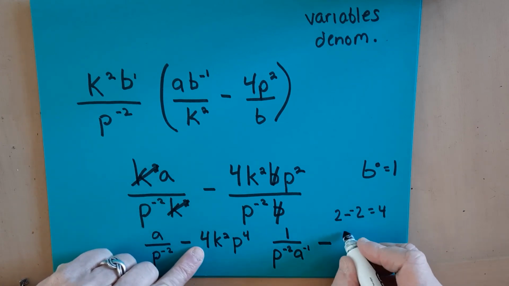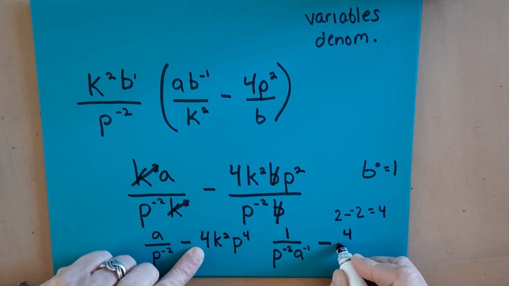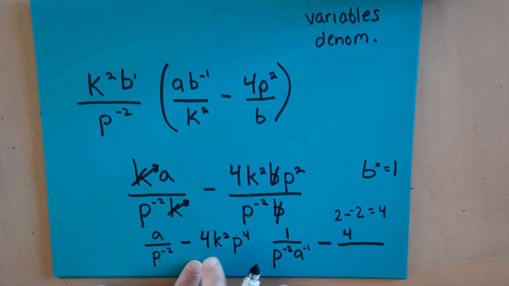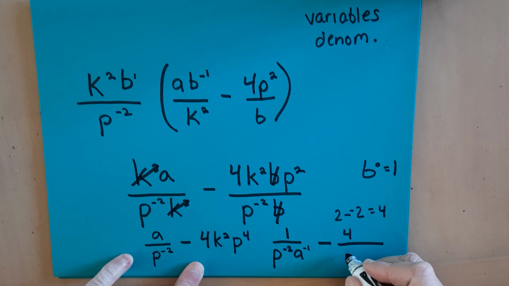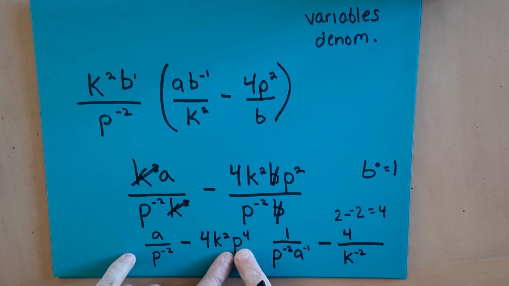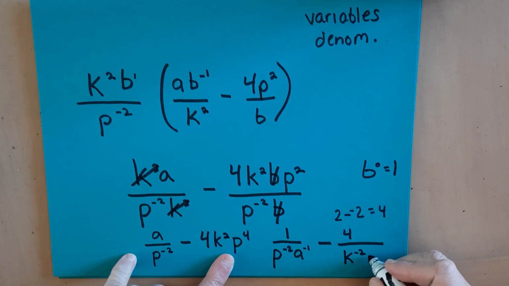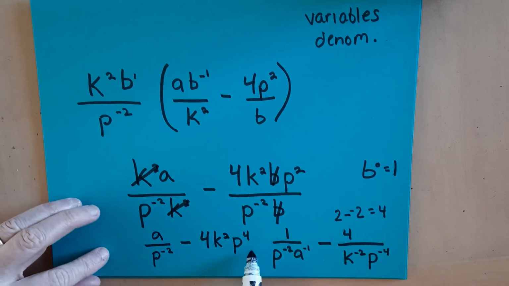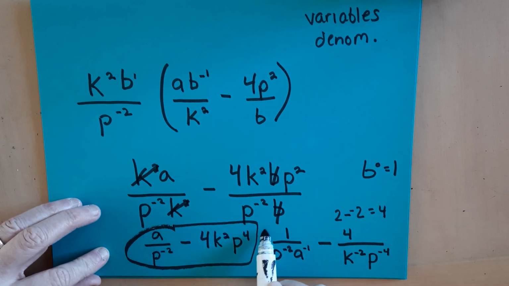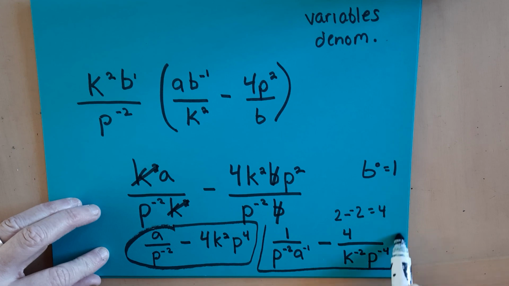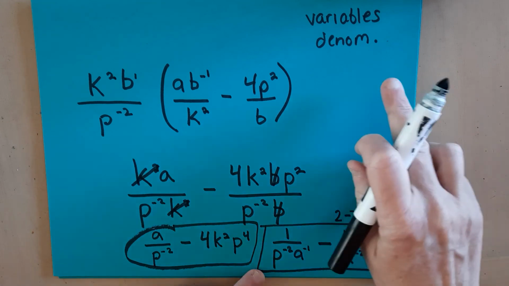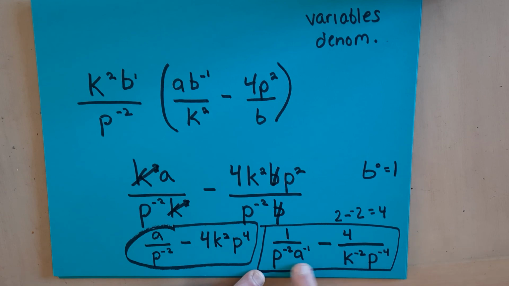It is not a variable, it is a number. The variables are just the letters. But we do want to put the k squared from the numerator down to the denominator, so we switch it to a negative exponent. And same thing with this p. We switch that one to a negative exponent. So this right here is equal to this right here. But this is the answer they want because they want all the variables in the denominator. So everything is down in the bottom.